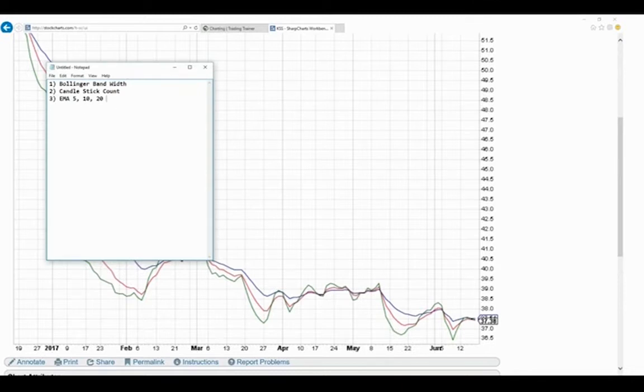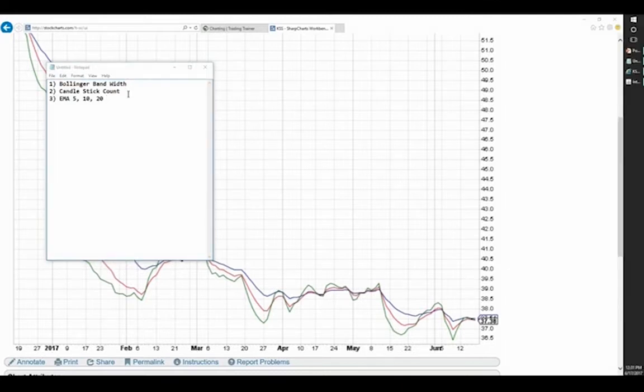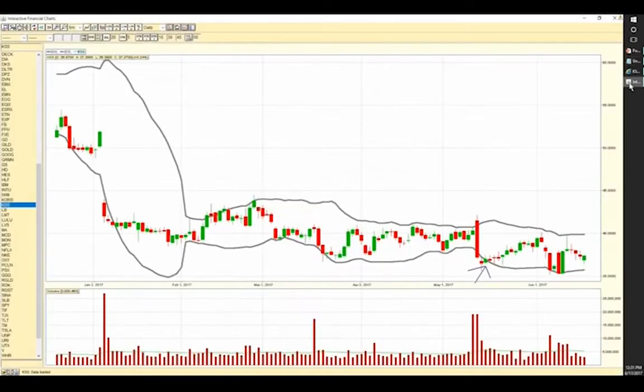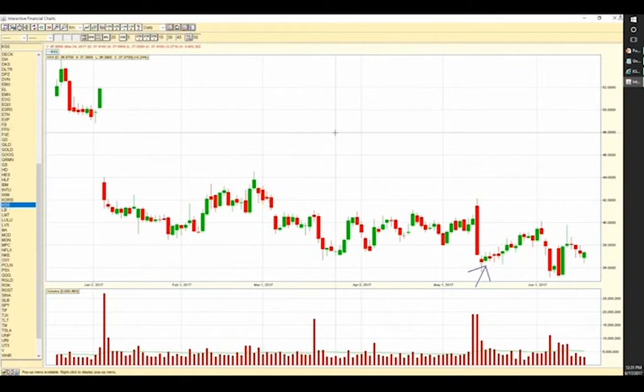So the next criteria that I use in order to find good candidates to run these strategies on is I like to just look at a naked chart. That means I strip everything off of the chart, maybe even take volume off of it. No indicators to cloud my vision. And I'm simply looking to see, does it look like it's moving sideways?